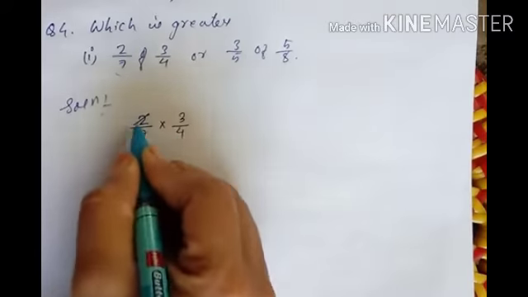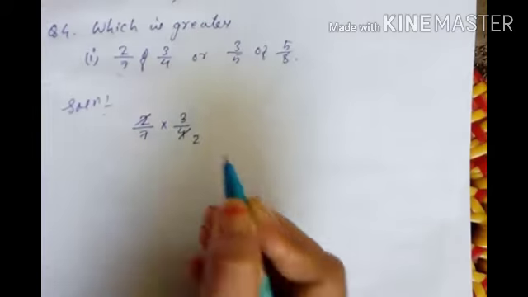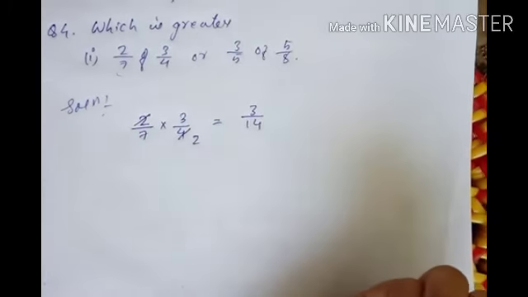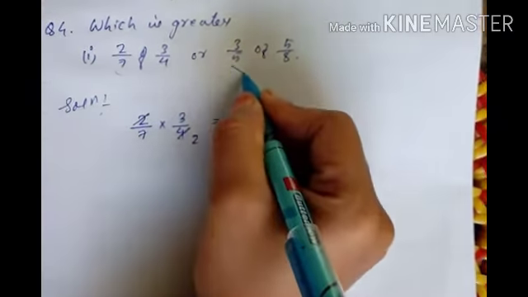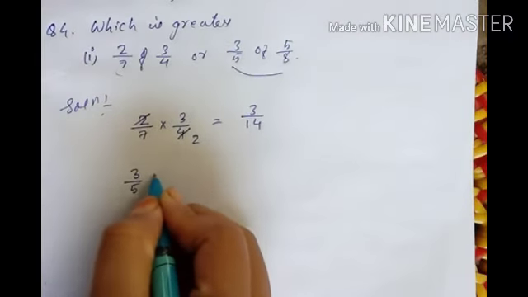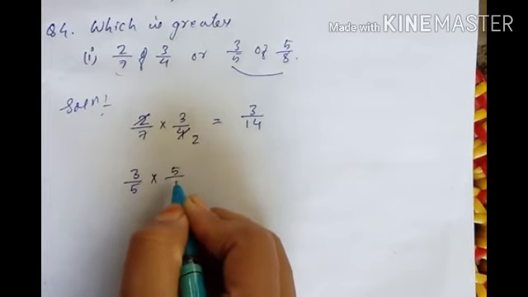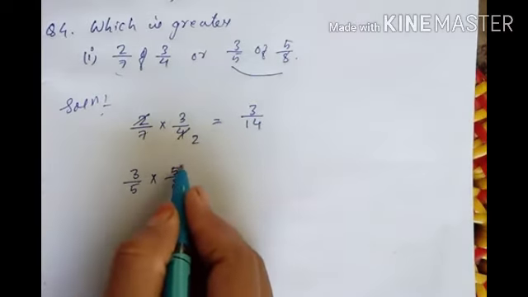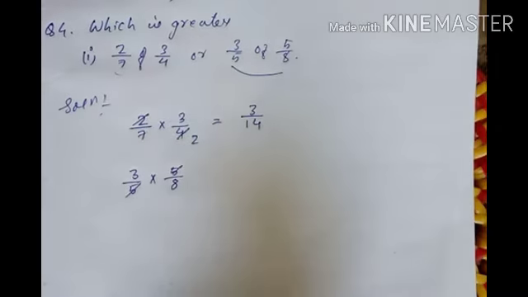Now 2 1s are 2, 2 2s are 4. We can cancel this. So what did we get? 3 upon 14. Now for the next term, what is given? 3 upon 5 of 5 upon 8. 'Of' means multiply. Now this 5 and this 5 can be cancelled easily.